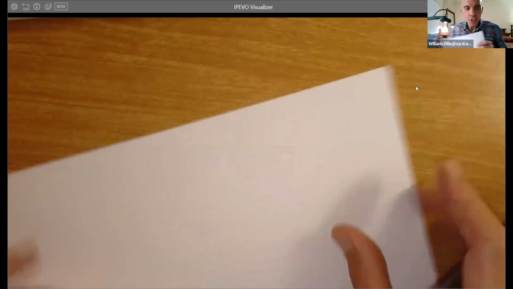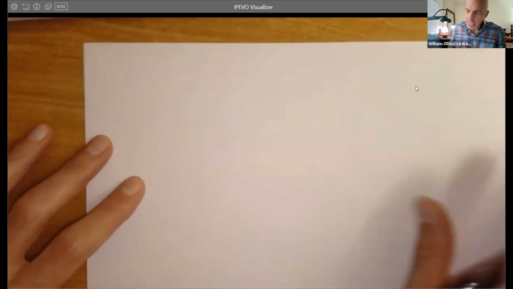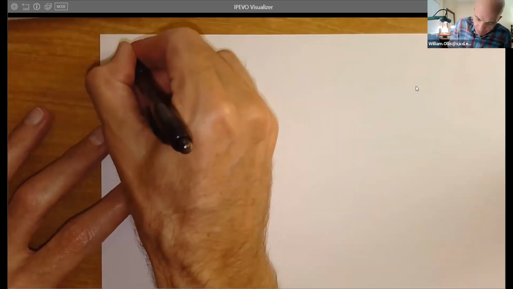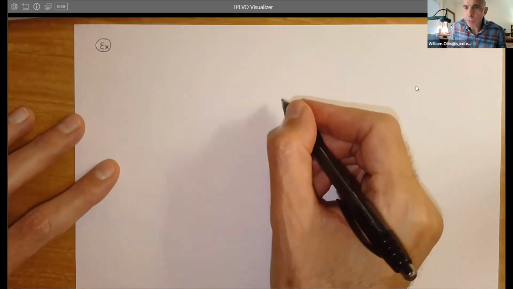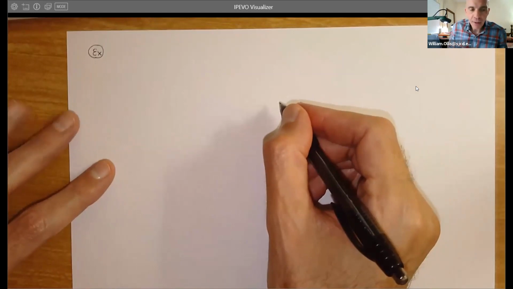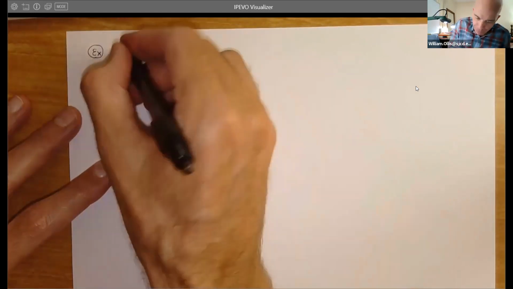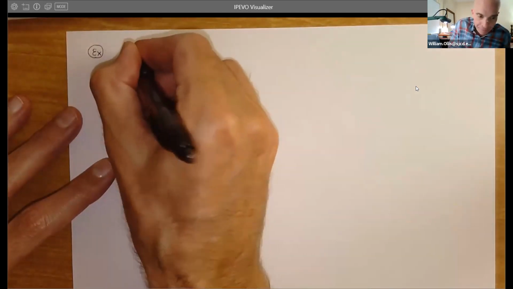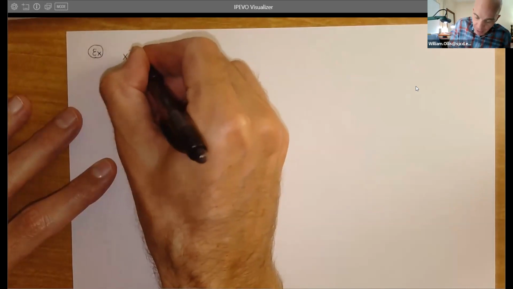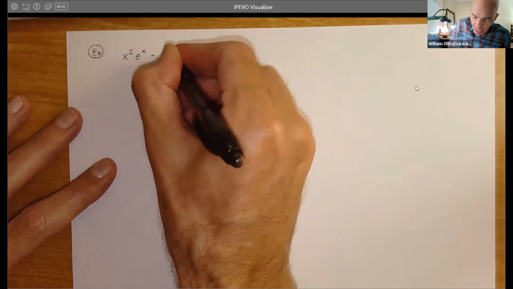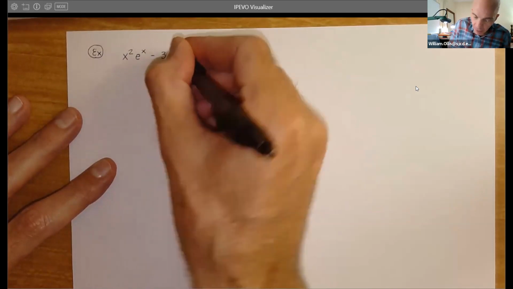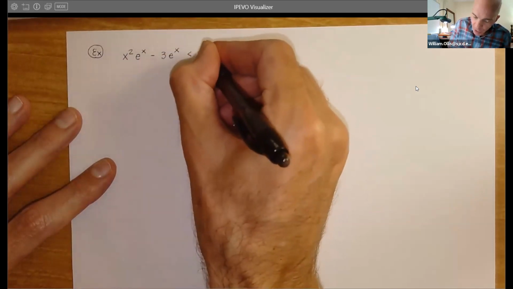So what I want to do now is to look at an inequality. And you're thinking, well, we've done a lot of inequalities, Professor Ron, but now we're going to look at one with some exponentials. So we have x squared times e to the x minus 3 times e to the x, and this is going to be less than 0.